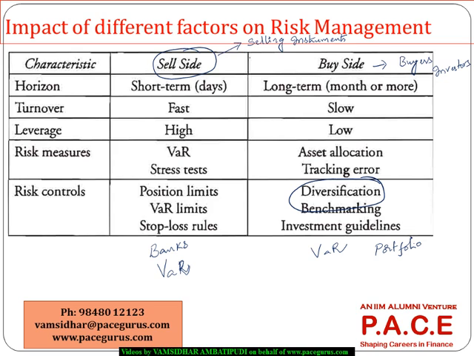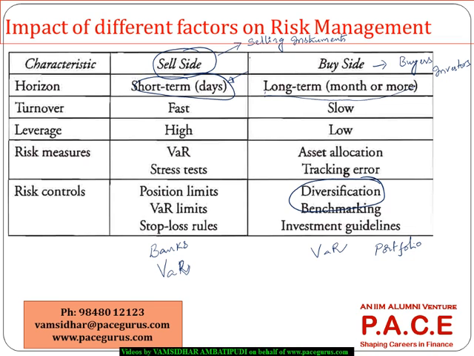So it used to be majorly from the sell side itself, but what we could typically see as differences is that from a bank standpoint, or from a seller standpoint, they want to sell out their instruments as quickly as possible. So for them, the VAR has to be measured more and more on a short-term basis.